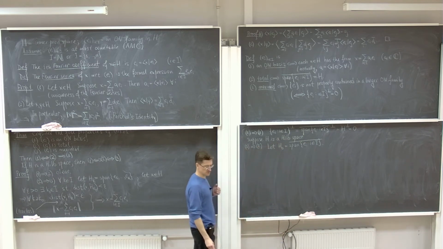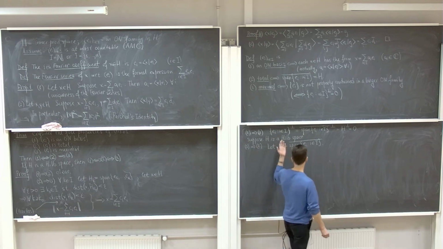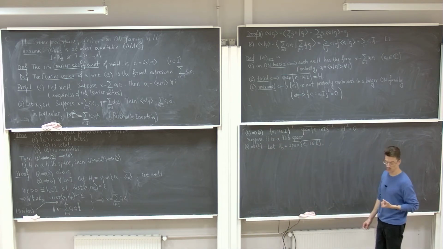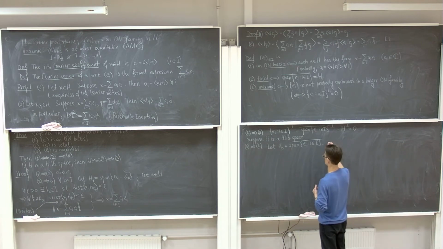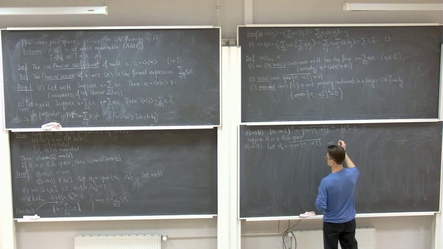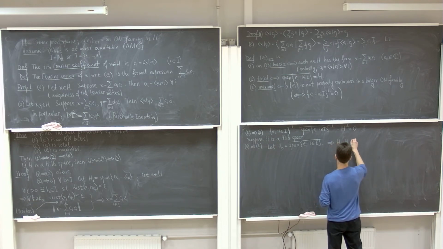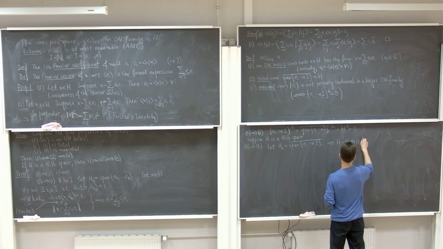This is a closed vector subspace of H. And H is a Hilbert space, and so we have the orthogonal complement theorem. So by the orthogonal complement theorem, we have the following decomposition.